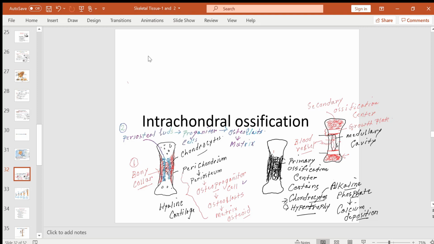Anyway, from the secondary centers, bone tissue continues to grow, and from the primary shaft, the bone tissue also continues to grow.